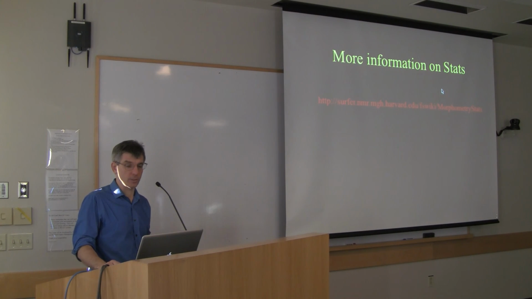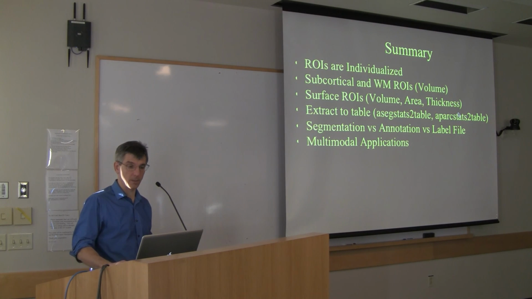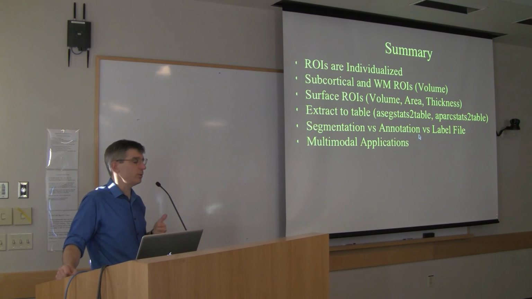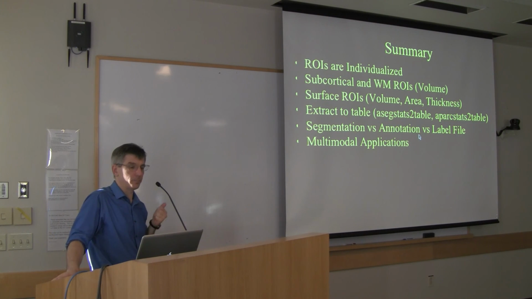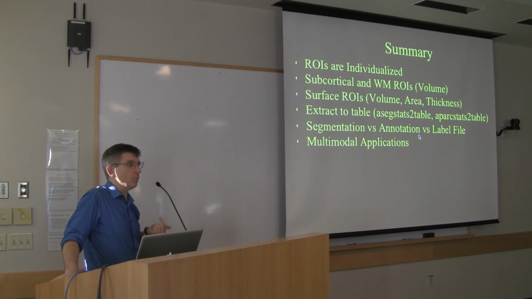There's more information on the global stats in this morphometry stats page. To summarize here, you have lots and lots of regions of interest that are customized to your individual subject inside of FreeSurfer. So you have subcortical and white matter regions of interest, which are mainly just a volume: volume of hippocampus, volume of some white matter structure, volume of brainstem.